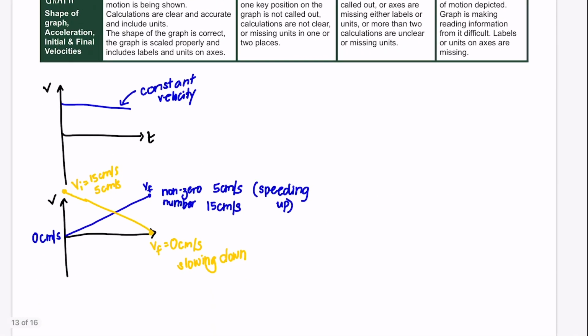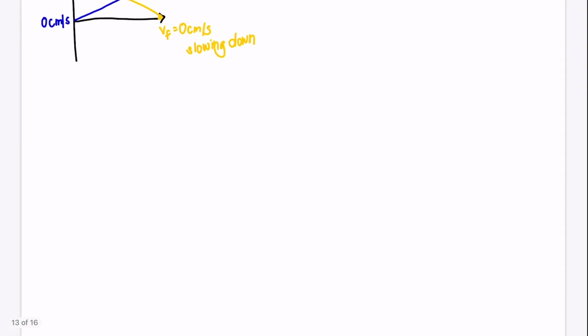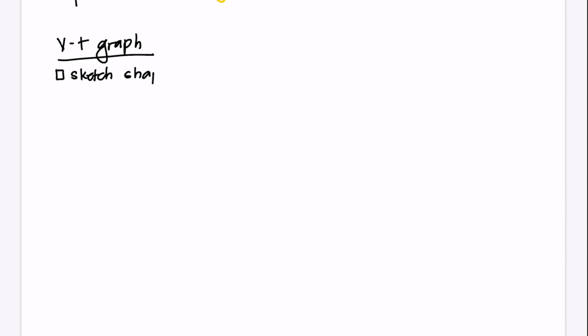All right, now to just kind of recap everything that we just went through. Okay, so on our velocity time graphs, we need to make sure we have a sketch of the shape of graph. So shape of graph, we need to take a look at the labels. So label the initial and final points.